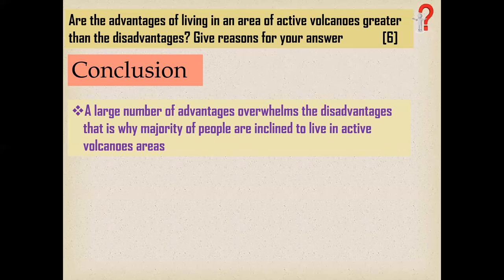We can build this argument on the basis of the arguments we mentioned previously, such as availability of jobs, more tourist attraction, scenic beauty of the land, and availability of minerals. We can give these references in the conclusion, and build our conclusion briefly, based on the advantages and disadvantages we mentioned before. That is the conclusion.